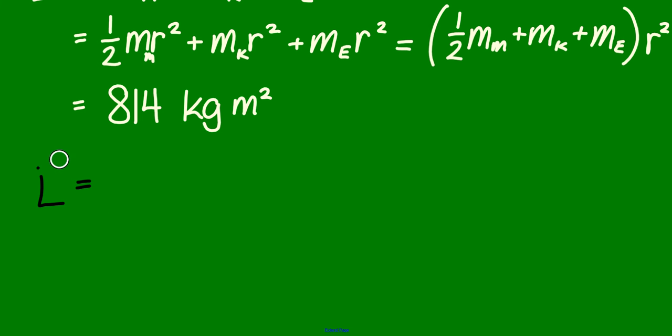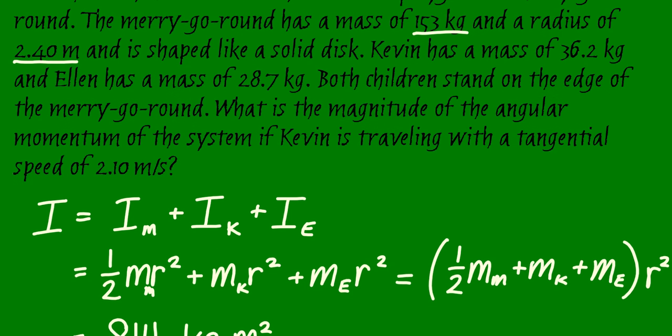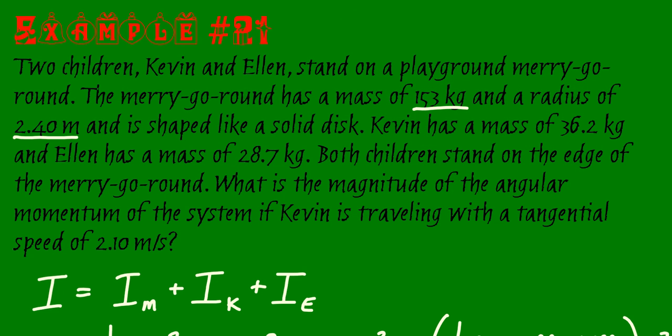And really, I'm just going to focus on the magnitude of the angular momentum in this case, because I'm not told what direction it's rotating. But I can find the magnitude of that angular momentum knowing this moment of inertia, 814 kilogram meters squared. But unfortunately, I don't yet know the angular velocity of my merry-go-round.